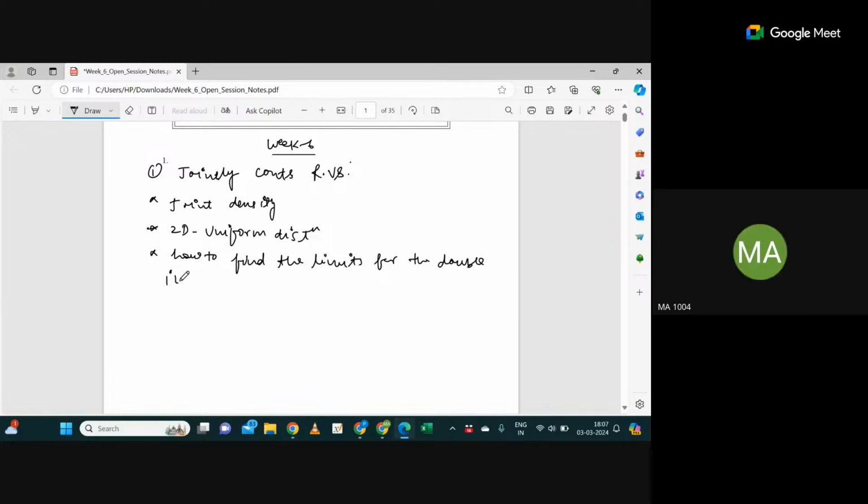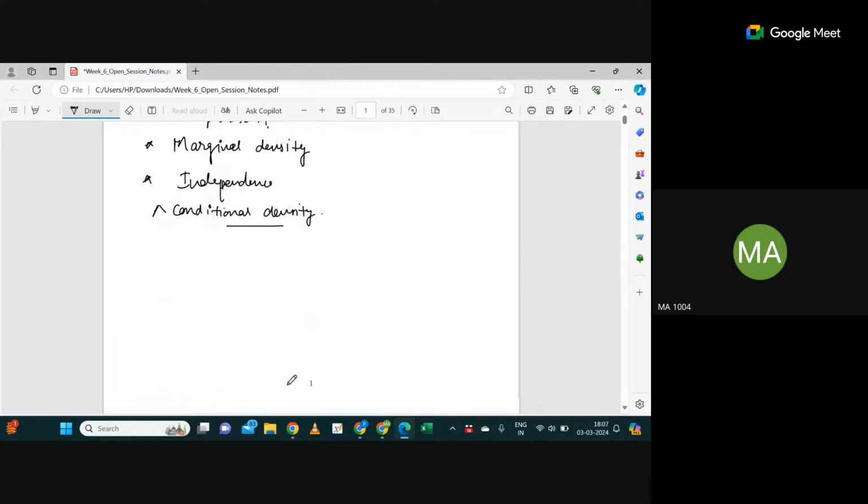Then next after that, I think it's marginal density. After marginal density, we will see independence, how to check it, and after that conditional density. So these are the major topics of week 6.